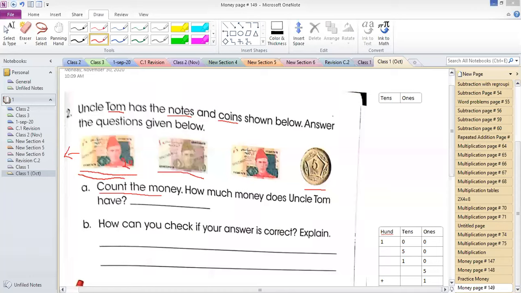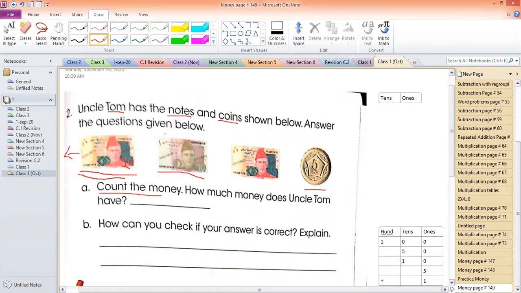Now we should know the value of this currency note as well. So I'm going to ask this question of one of you. Amir, can you hear me? Yes, sir. Yes, Amir. Can you tell me the value of this currency note?